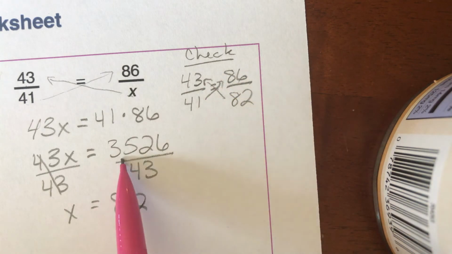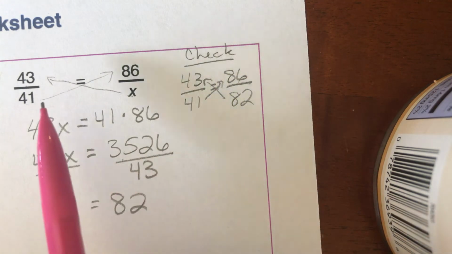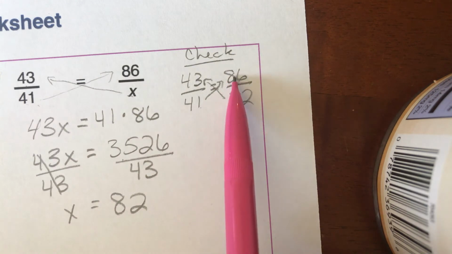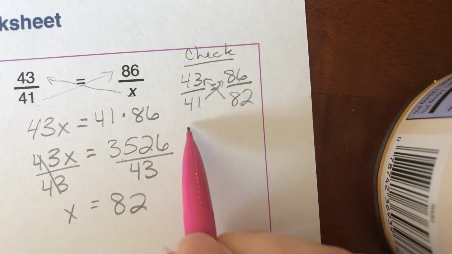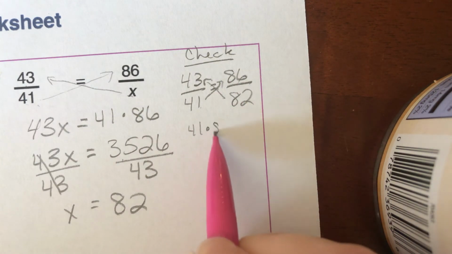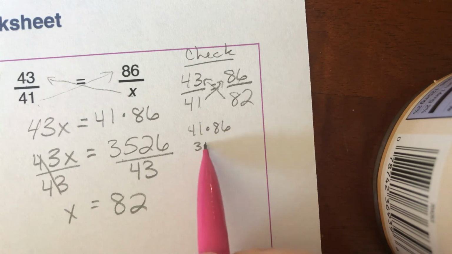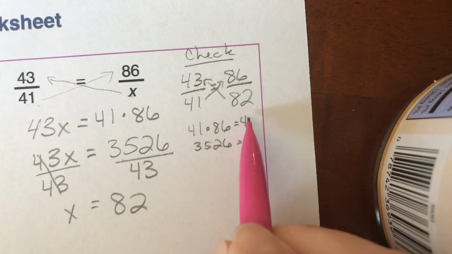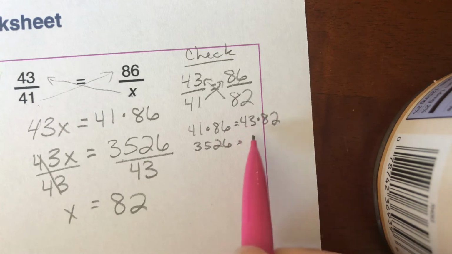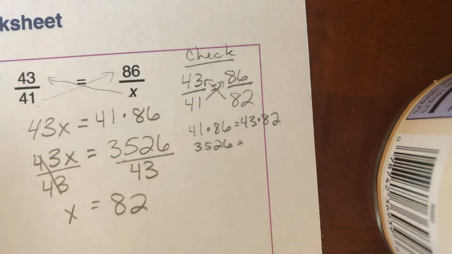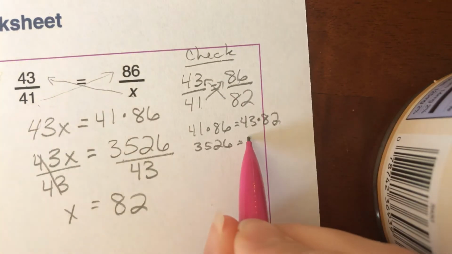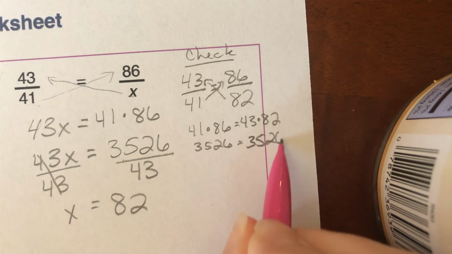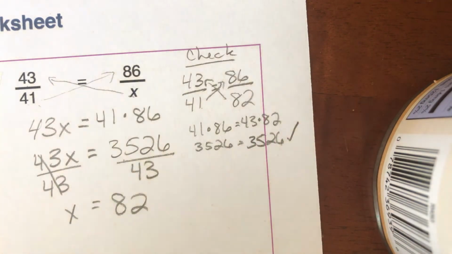We already saw that 41 times 86 was 3,526, so that will save us some time. We want to make sure that 43 times 82 gives us the same thing. I'm going to go to my calculator and do 43 times 82, and I do get 3,526. So that does check out.